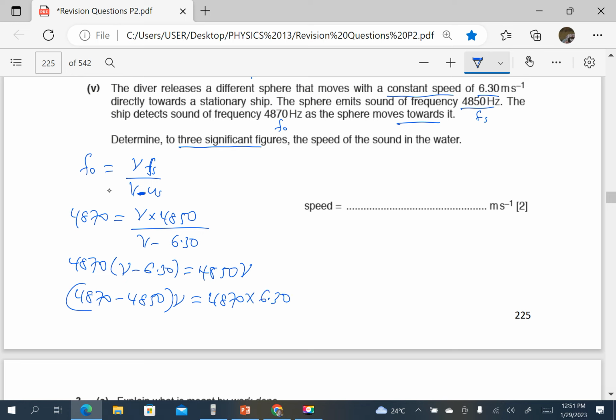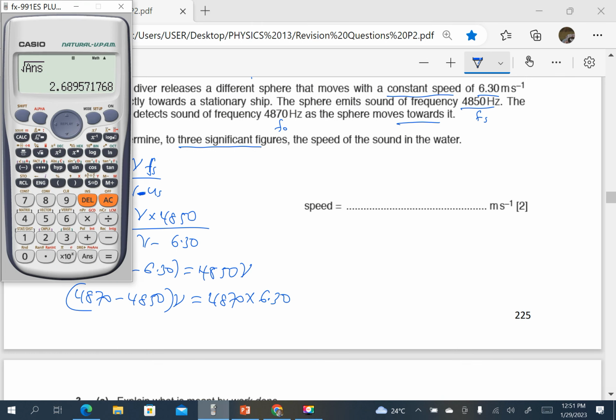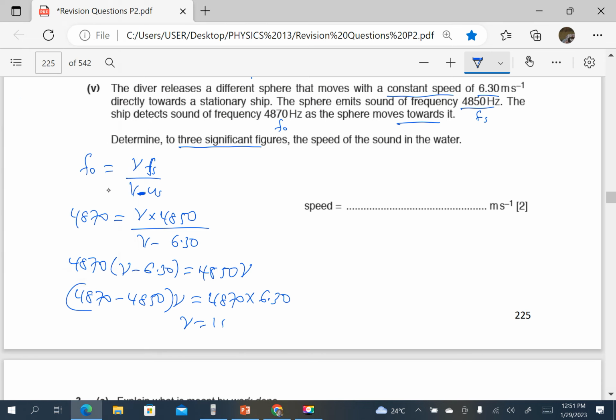You can solve this in any way you want. So I press my calculator: 4870 times 6.3 divided by both sides, 4870 minus 4850. So that is 1534. So V is 1534, approximately 1530 meters per second.